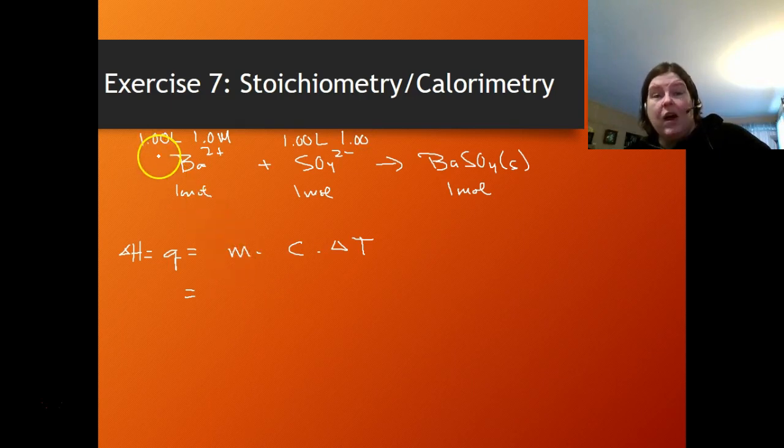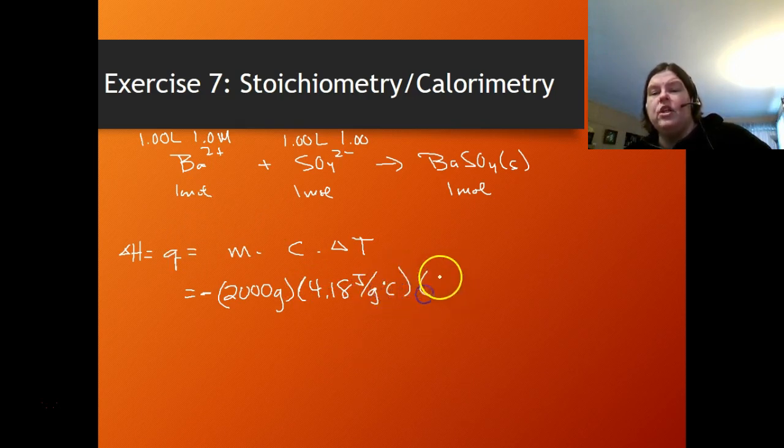So 1 liter is 1,000 milliliters, so I have 2,000 grams. Okay, I'm going to make everything negative because I know it's got to be exothermic, times 4.18 joules per gram degrees Celsius. And the temperature change was 28.1 minus 25 degrees Celsius.